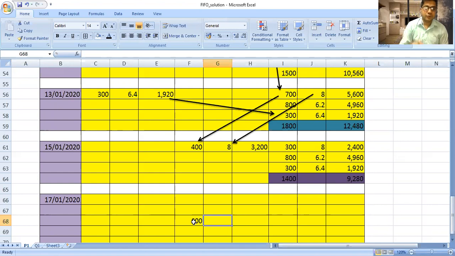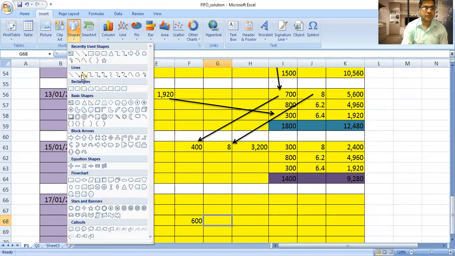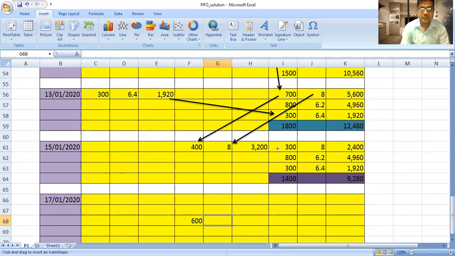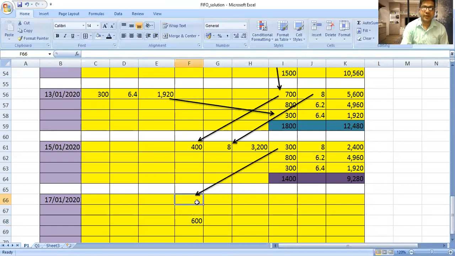So which units do we have to consider first? Those units purchased first. So first we have to consider 300 units, which were purchased first. The rate was 8 per unit.